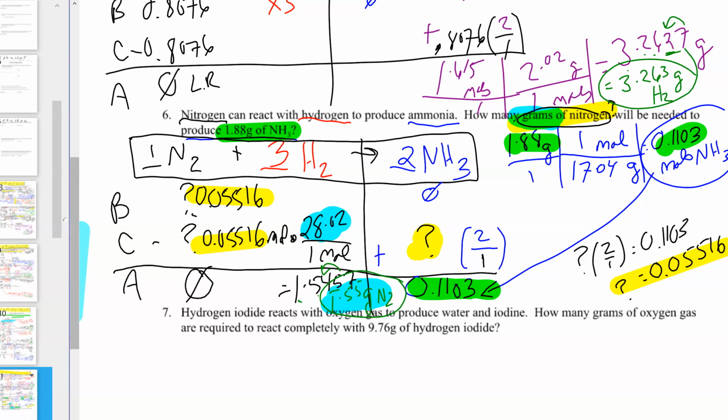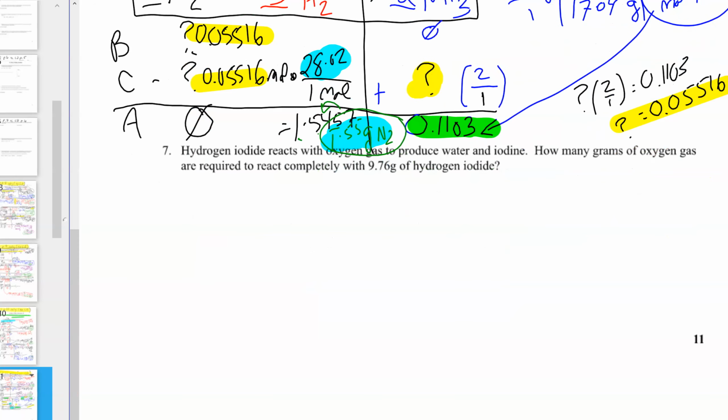Last problem, and then we are done for today. Okay, number 7. Hydrogen iodide reacts, so let's get our color coding started here so we can see how everything cancels. Hydrogen iodide reacts with oxygen gas, remember it's going to be a diatomic, to produce water and iodine, another diatomic. Okay, let's just stop there and get our equation written out.